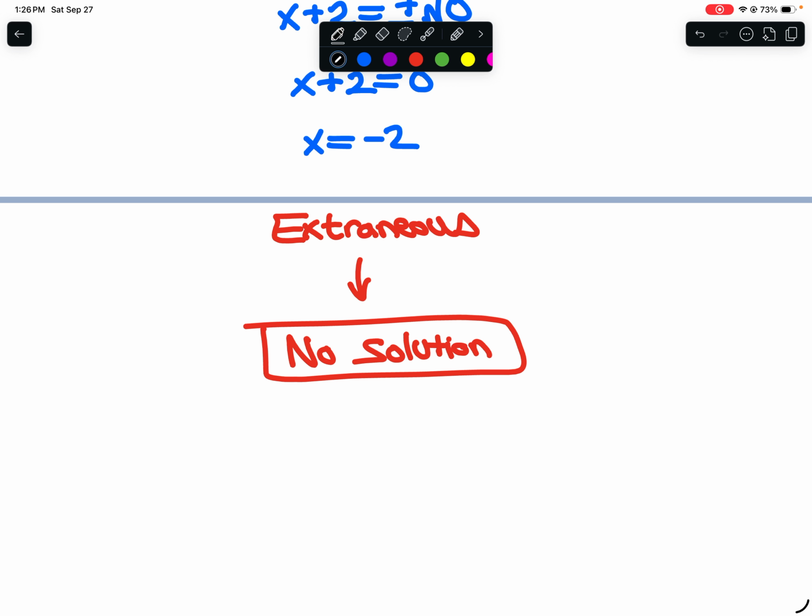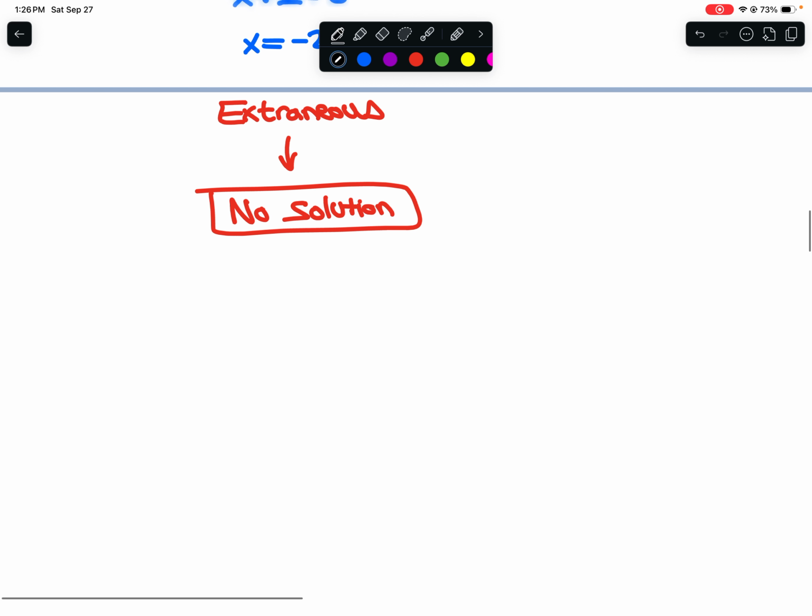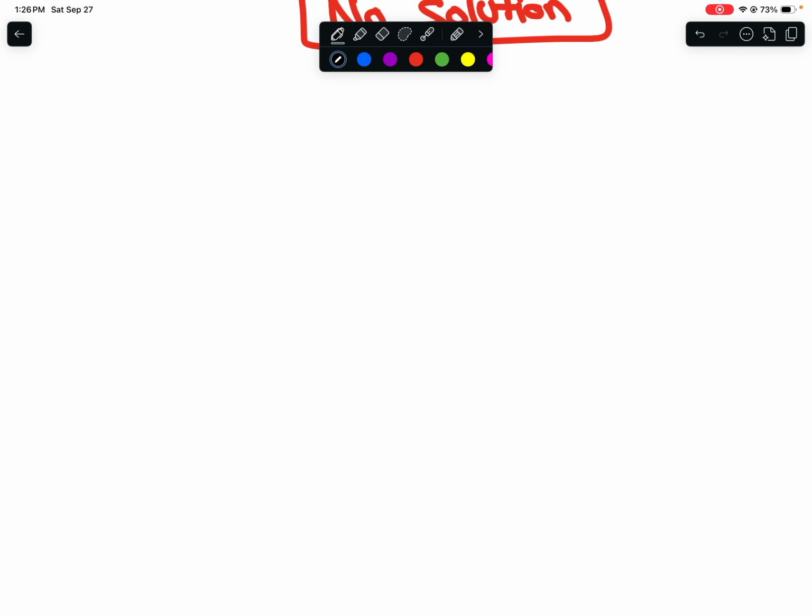Now, one thing I do want to cover that I think a lot of people get mixed up on is just because we have an extraneous solution, 1 or 2, doesn't mean that there is no solution. So for example, let me insert a hypothetical rational.